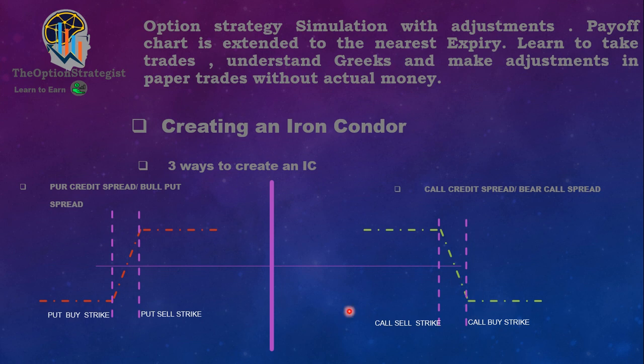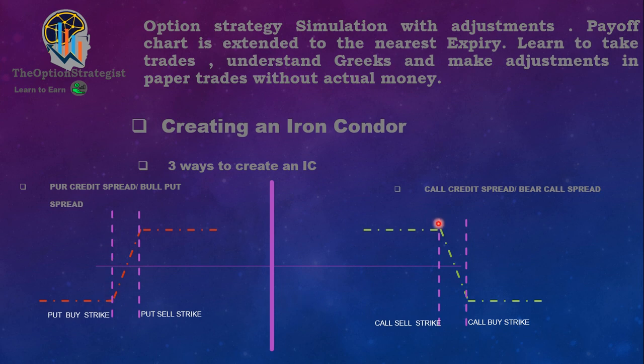If you remove the bought strikes from both ends, it becomes a strangle, right? The buys at the higher strikes are what make it a risk defined strategy, so that you're not going to lose more than a certain amount in the condor, right?